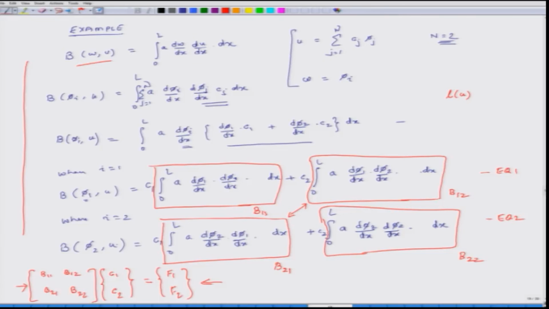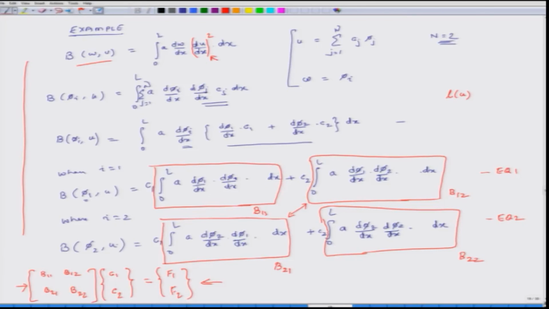Second thing, suppose our weak form was something like this. Suppose it had a square. So, this is not a linear system, right?